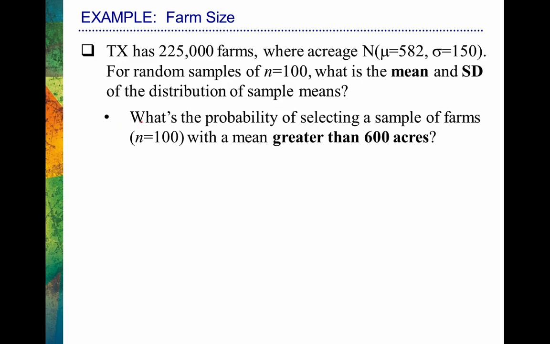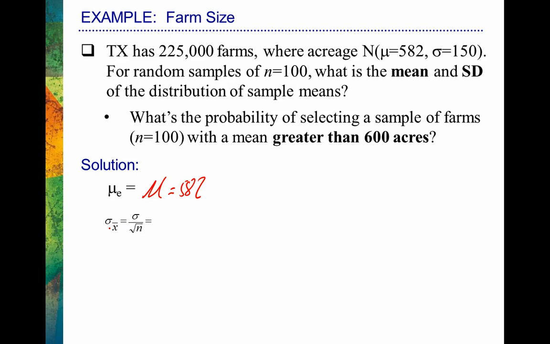Once we do, we can figure out the probability of selecting a sample of 100 farms that has a mean greater than 600. Based on central limit theorem, we already know that the expected mean is going to be equal to the mean of the parent population, which in this case equals 582 acres.